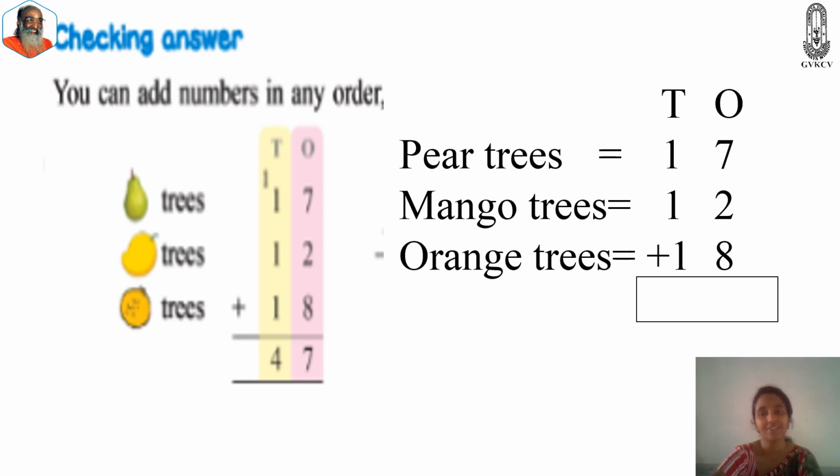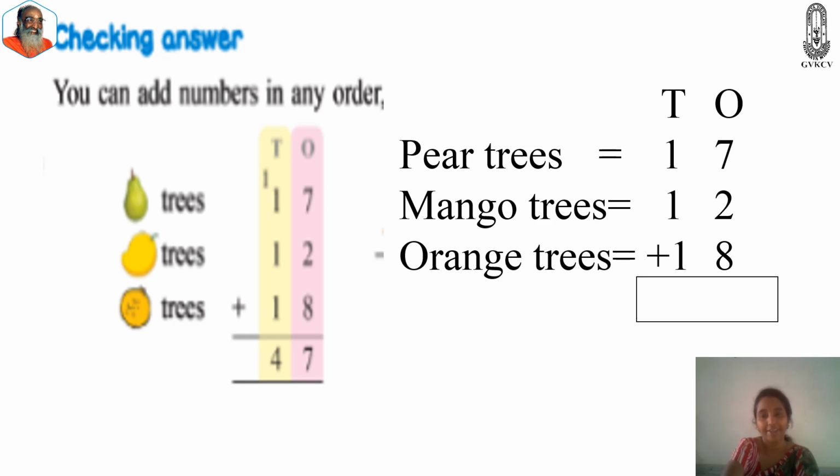Now under ones I am going to add the numbers. 7 in your mind and take 2 fingers. After 7, 8 and 9. Now 9 in your mind and take 8 fingers. 9, after that 10, 11, 12, 13, 14, 15, 16 and 17.